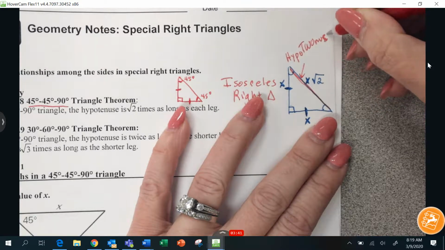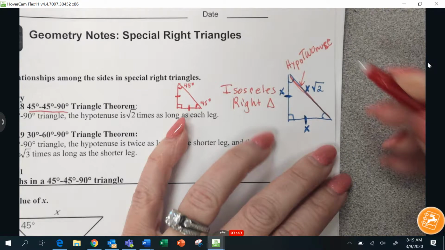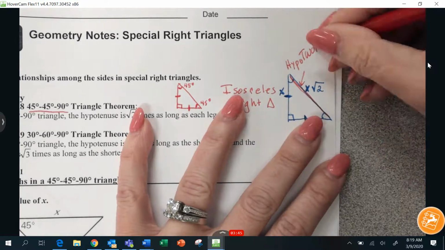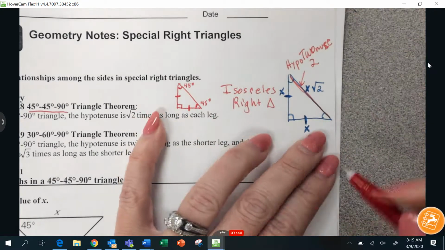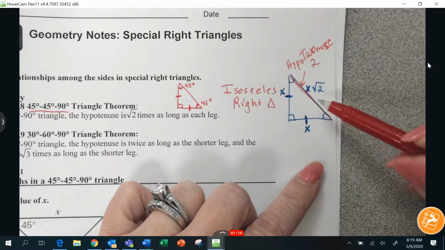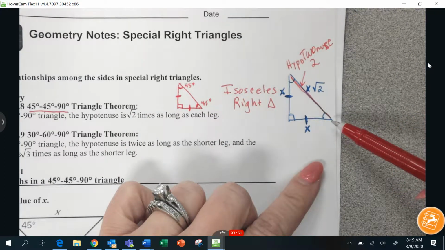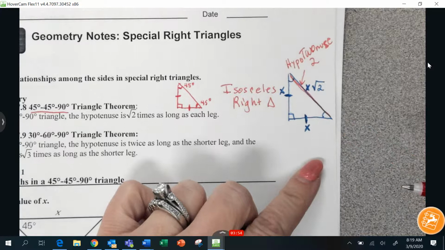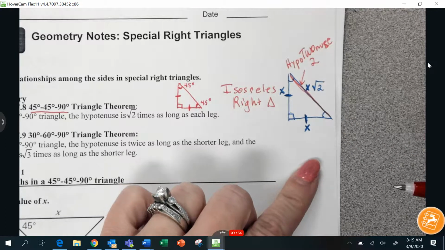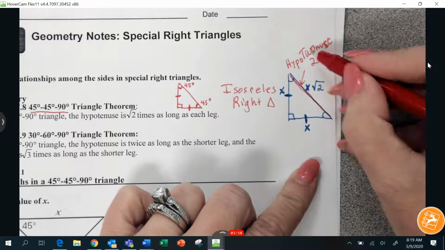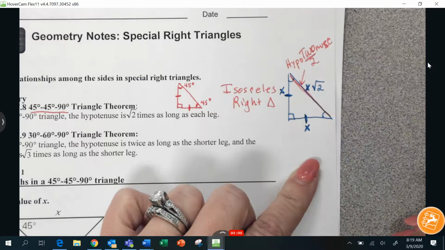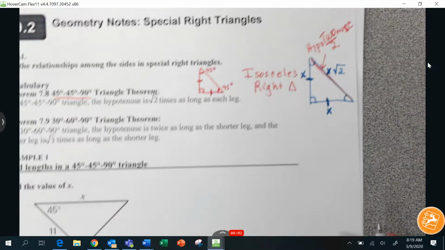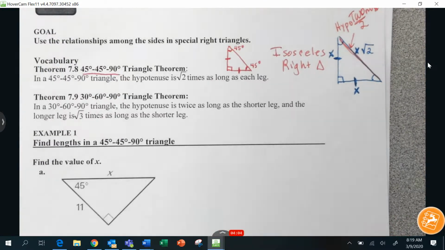Oops, noose. Get it? Well, it doesn't look like the word two very much. The hypotenuse. Get it? Because my hypotenuse is x radical 2. So I got to remember that.